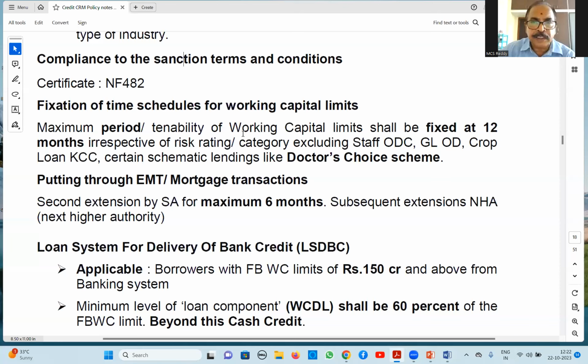The only exceptions given are staff OD, GLOD, crop loan KCC, and certain schematic lending like retail lending, where 2 years is given for working capital. So some exceptions are there. Otherwise, uniformly, 12 months is fixed as the tenability of working capital limits, right?